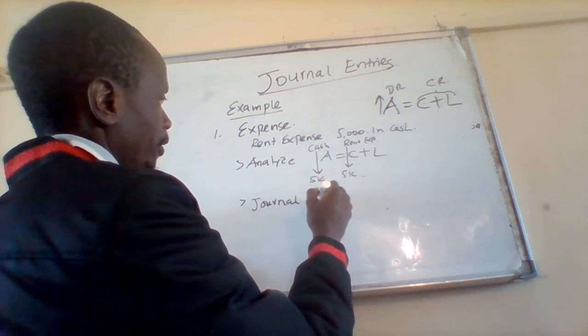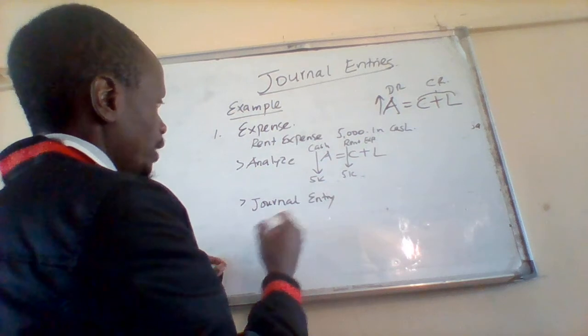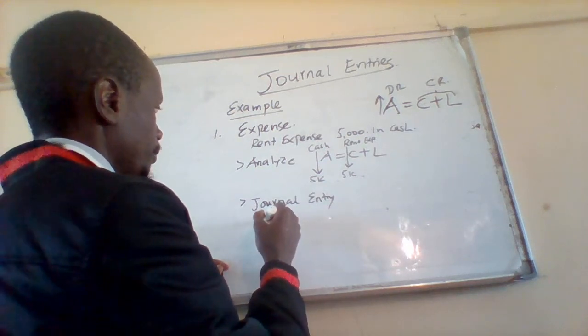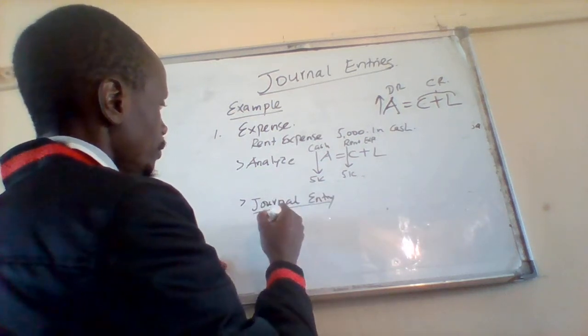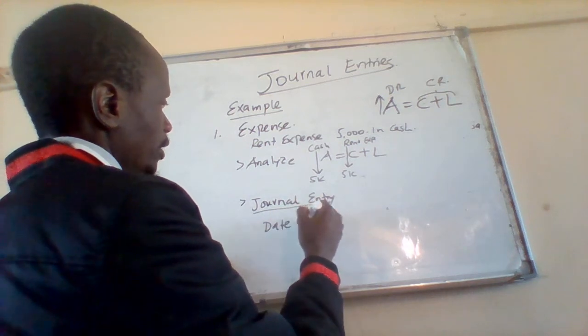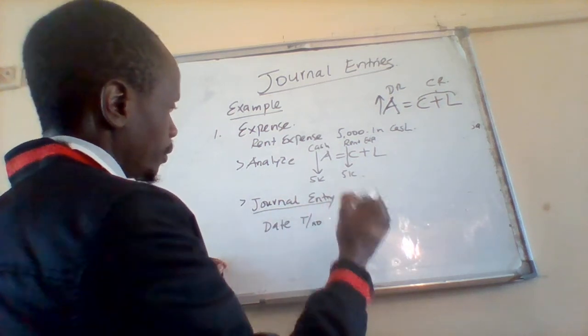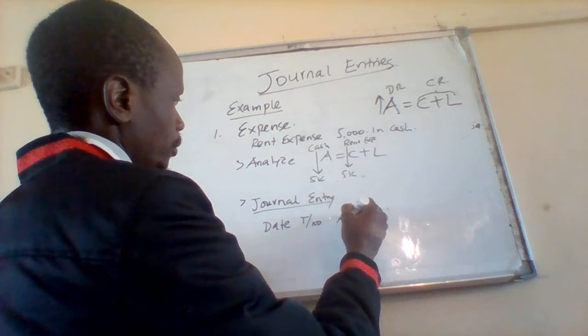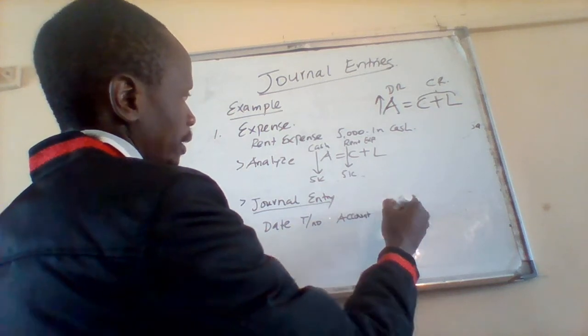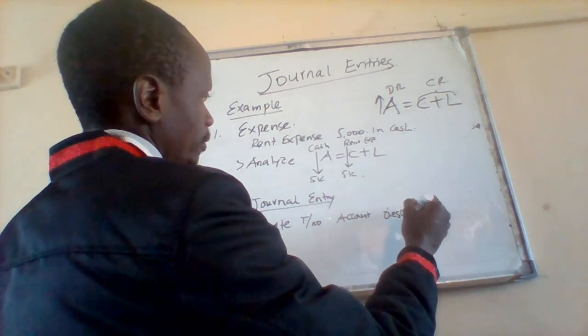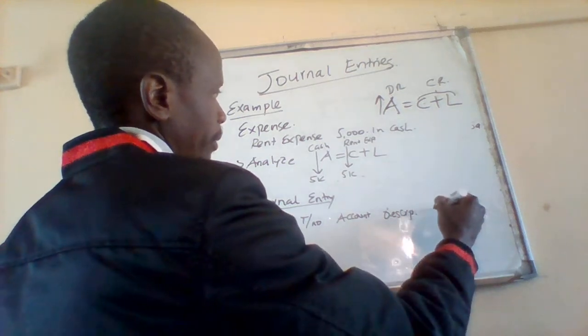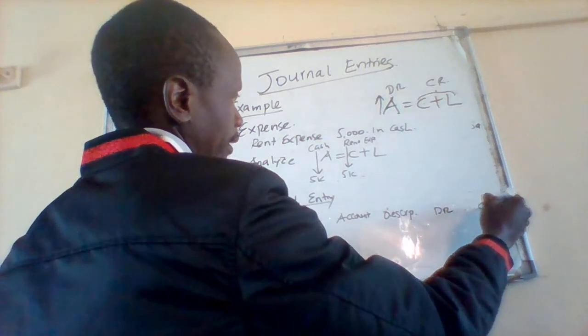So the next step is journal entry. For this journal entry, we will have date, transaction number, account, description, debit, credit.